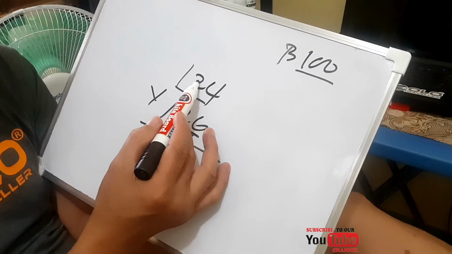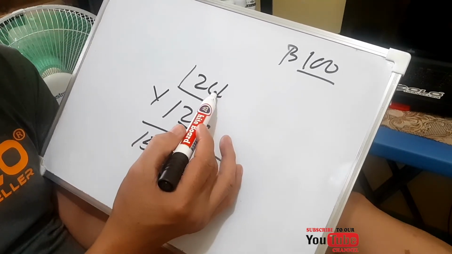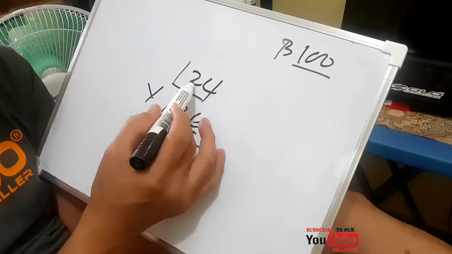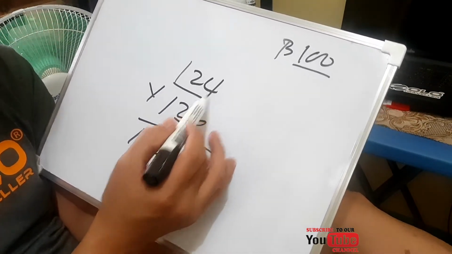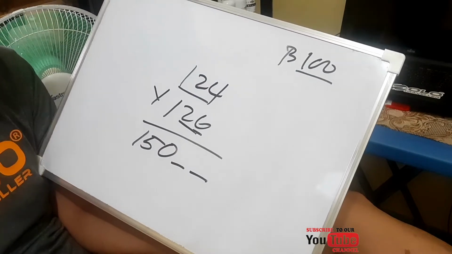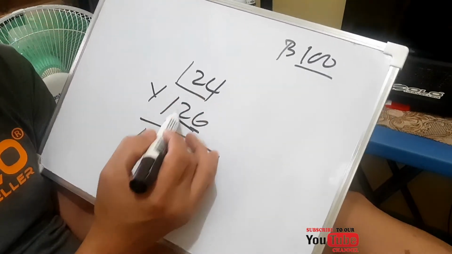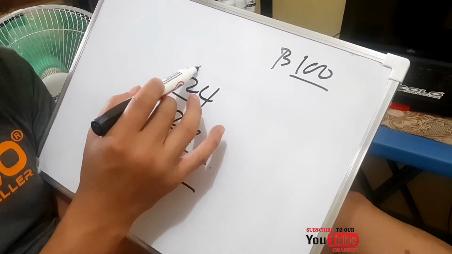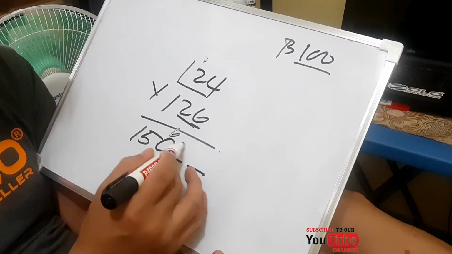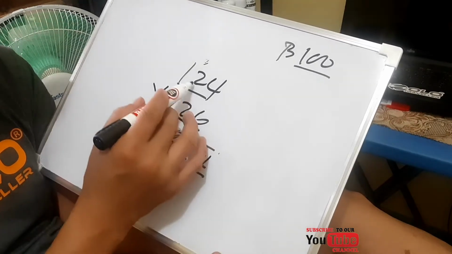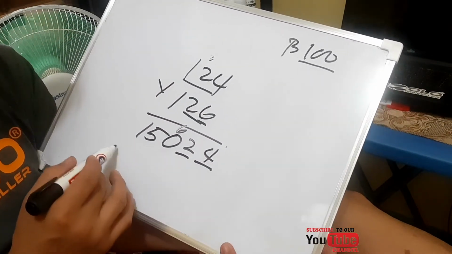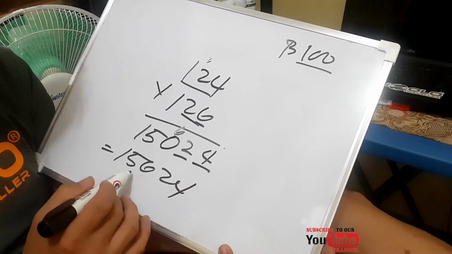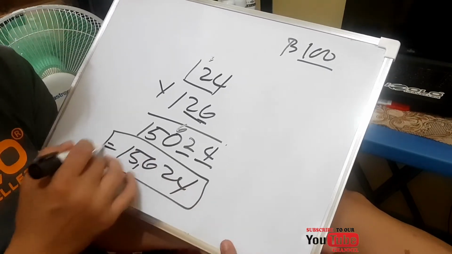See, this number is the same, 2 and 2, and 4 plus 6 adds to 10. So if the tens digit is the same and the units add to 10, all you have to do is multiply 2 by the next number, 3. So 24 times 26 is 624, because this is 624. So 15624. This is your answer.